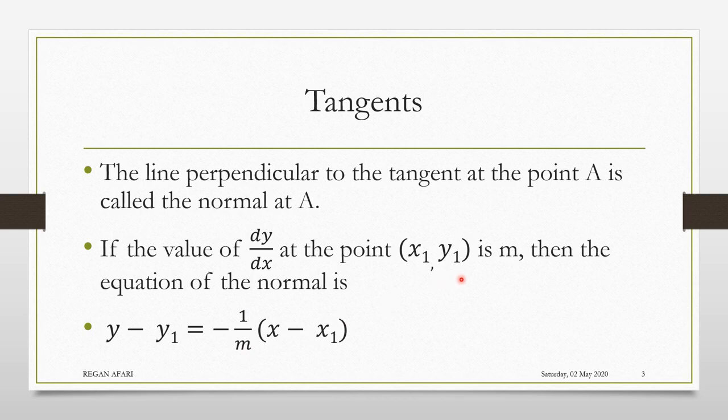Why? Because if I have -1 over m and I multiply by m, my answer is -1, because they meet at right angles. So what you do is find your dy dx, the gradient, and then you negate and you reciprocate. That's all. Let's start with an example and see what I'm talking about.